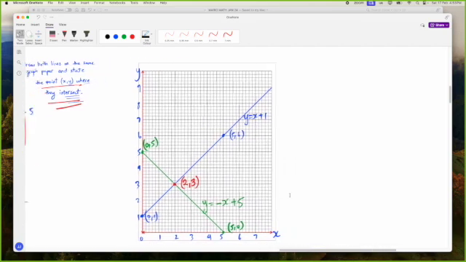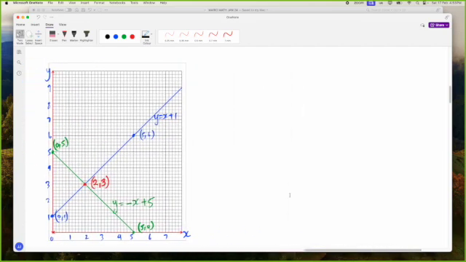Notice that the point 2, 3 is on both of the lines. It is on the blue line, and it is also on the green line. So this is the only point that is on both of the lines.